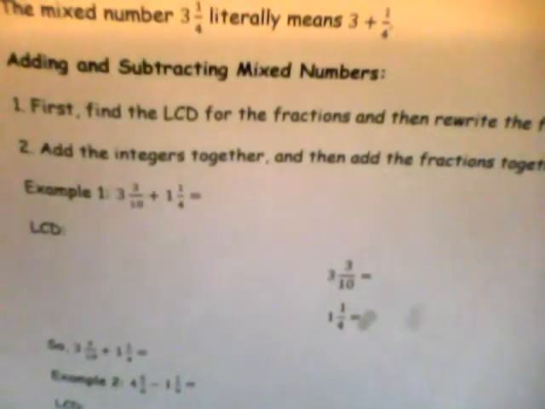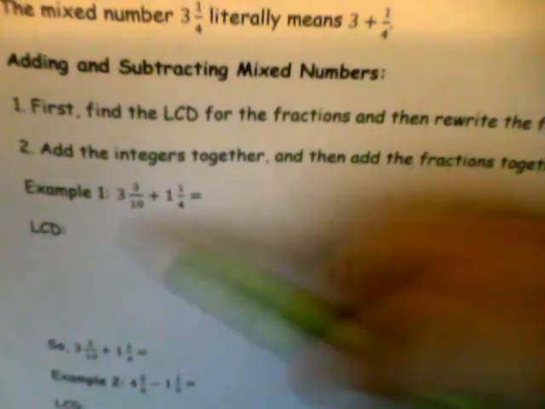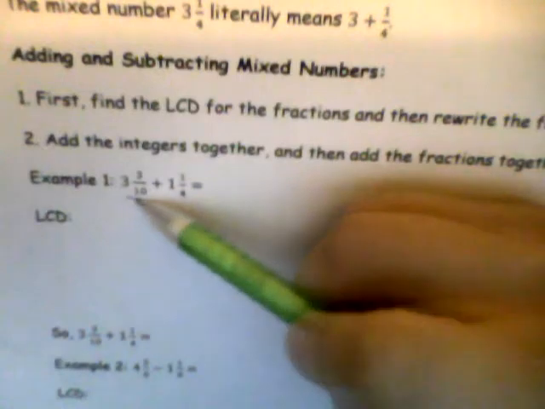So let's look at the first example. I'm just going to move this paper up. Okay, there we go. So the first example is 3 3/10 plus 1 1/4. So the first thing I've got to do is look at the fraction part first.